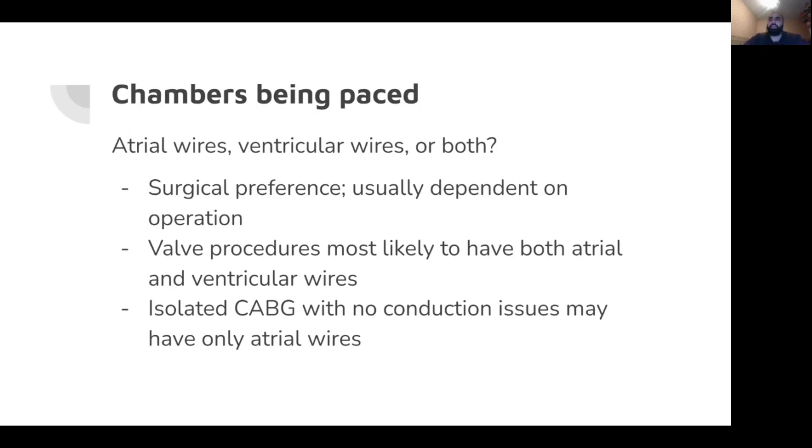On the other hand, if it's an operation where they're operating outside of the area that the conduction system is found in, usually in the context of coronary artery bypass grafting, then some surgeons would opt just to place atrial wires. The concept there is that any disruption to the heart's rate shouldn't be caused by damage to the conduction system. And so if we pace the atria, we are by default pacing the ventricles as well.